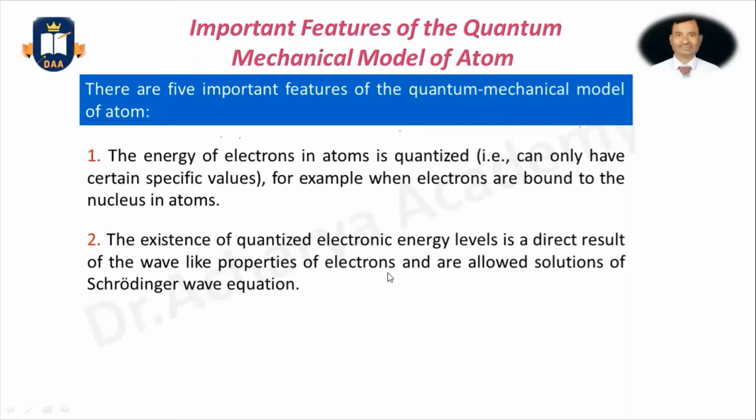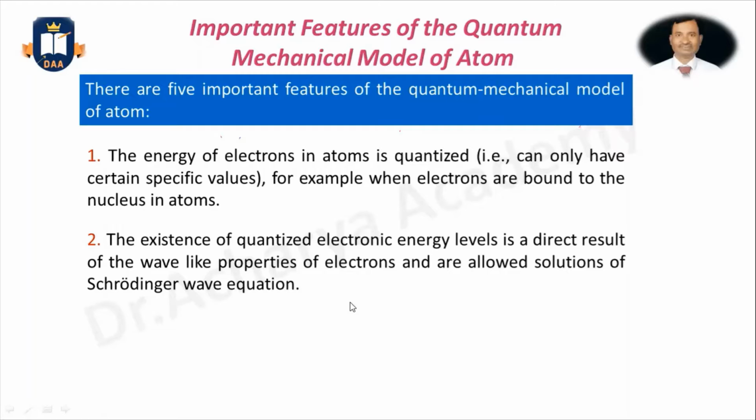From the previous class, we already understood that electrons have dual properties, and one very important property is the wave-like property. The existence of quantized electronic energy levels is an allowed solution of the Schrödinger wave equation.